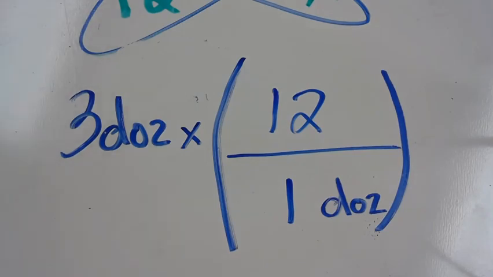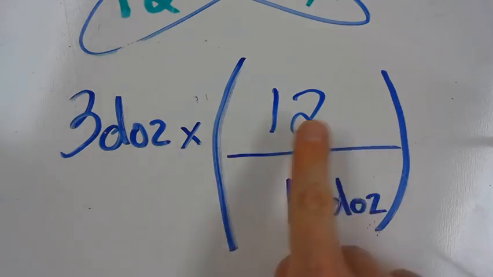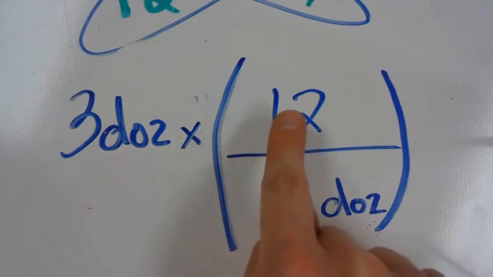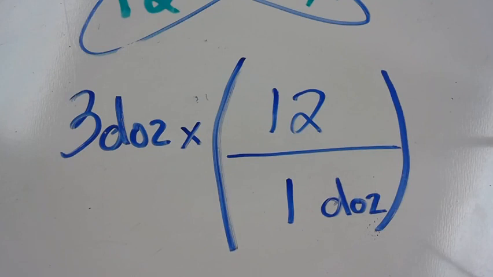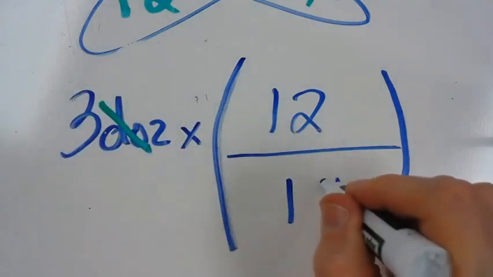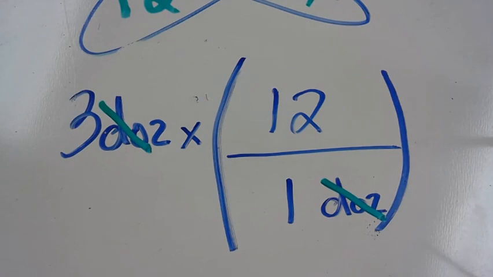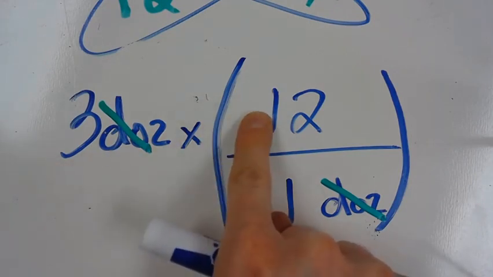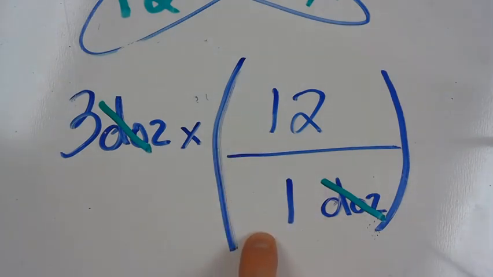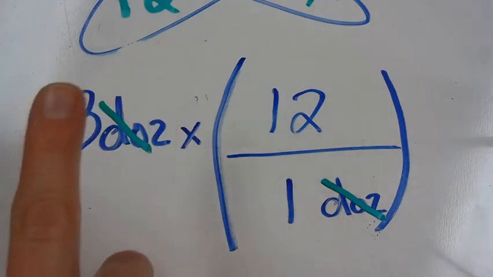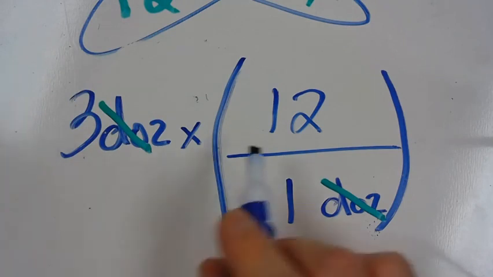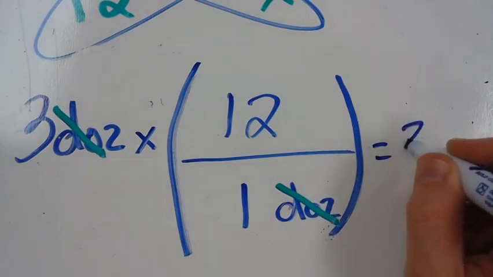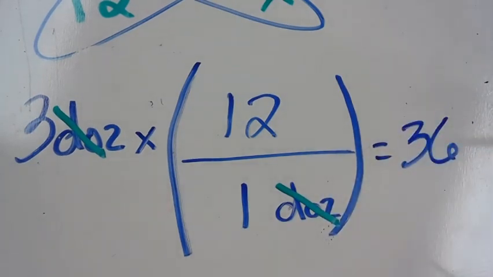The purpose to this is that when you simplify this over, 3 dozen is going to multiply into the numerator of this fraction, and then the label dozen is going to cancel out diagonally. Okay, so ultimately what we wind up getting is 3 times 12 divided by that 1, which, remember the steps earlier, I said we did 3 times 12, and even though we didn't need to, we wind up dividing by 1, and so this equals the same answer, 36.